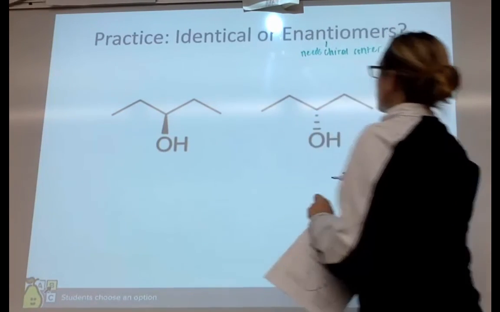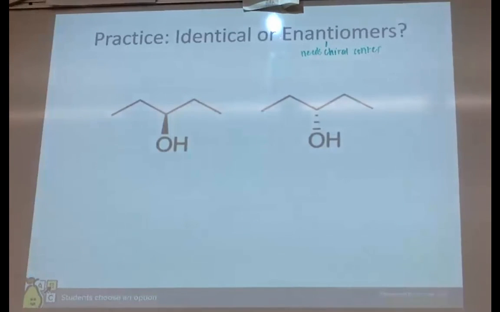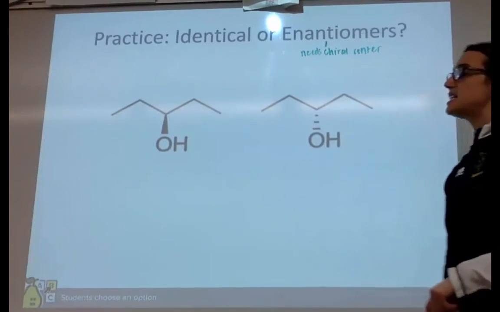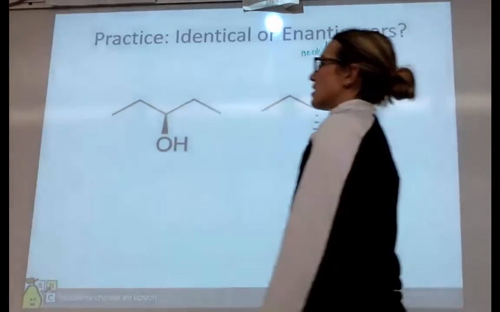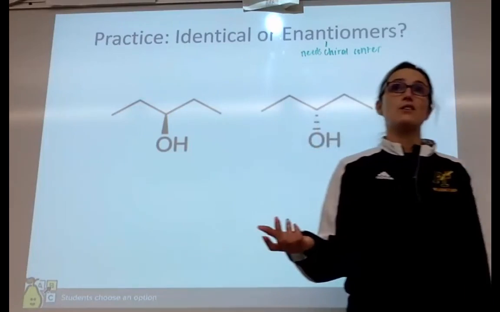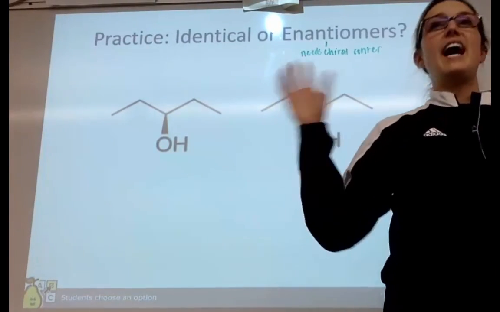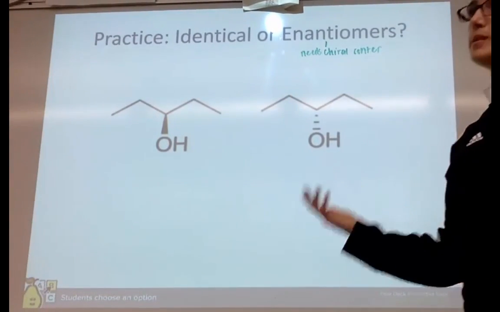If it does not have a chiral center, it cannot be an enantiomer. So when you're looking at is it identical or is it an enantiomer, not only are we looking at whether we can rotate it and lay it onto the original, but we also want to see does it even have a chiral center first? Because if it doesn't, then they have to be identical. It means we flipped it in a certain direction.